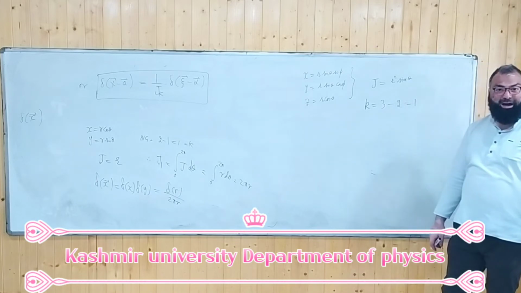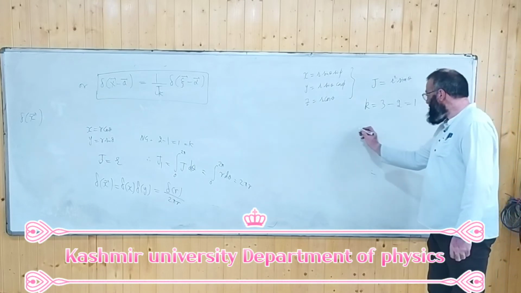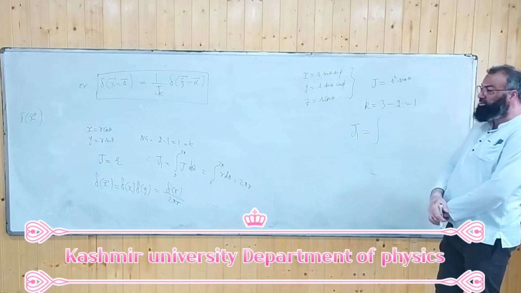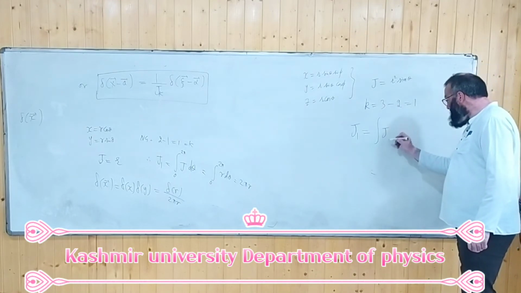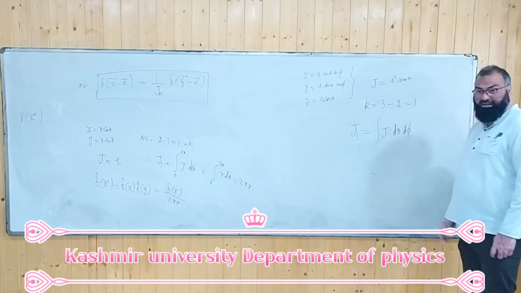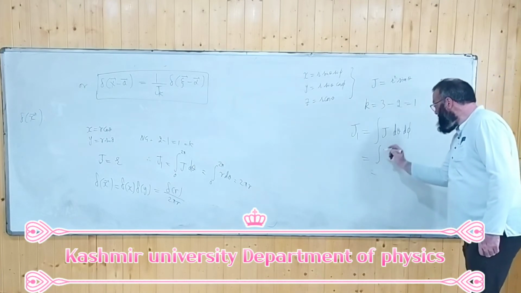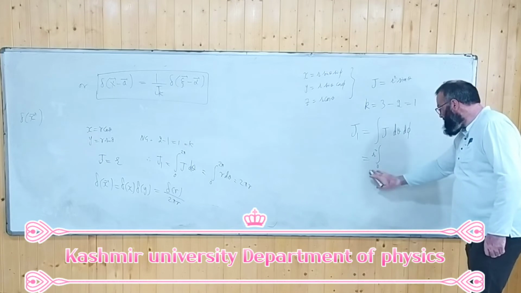So you have one non-ignorable coordinate. Therefore I can write J1 by integrating over the other two coordinates, d theta and d phi.